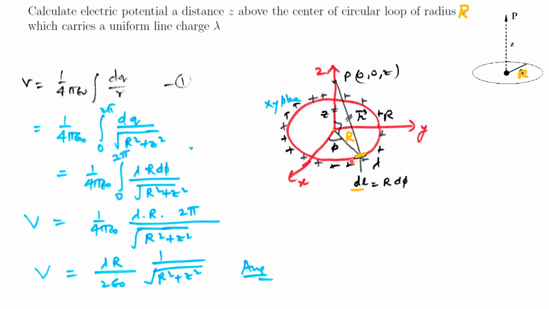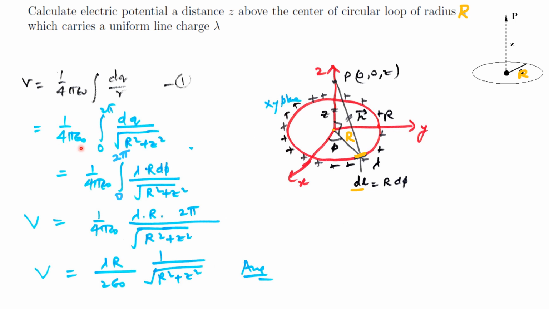Again we will take a very small line element on the circumference of this loop, and dl equals R d phi. For a very small angle d phi, this arc dl equals R d phi, where R is the radius of this loop. Now we write the formula for potential: V equals 1 upon 4 pi epsilon naught times dq by r.